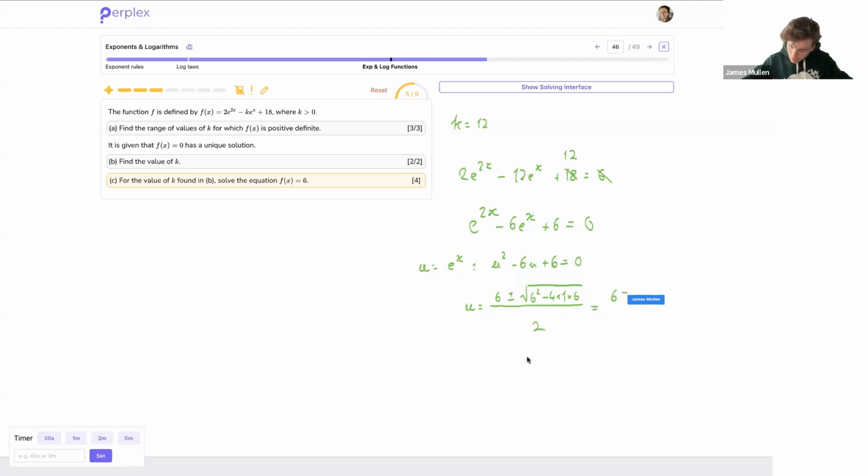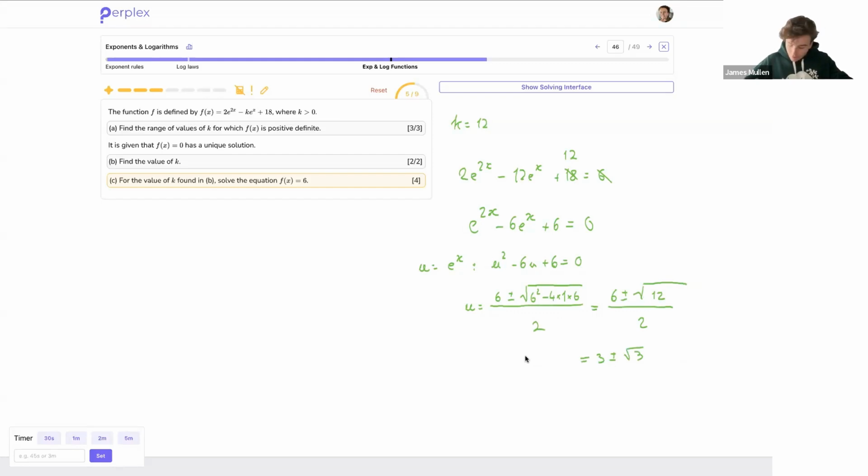That's 6 plus or minus the square root of 36 minus 24, which is 12, over 2. So this is 3 plus or minus, and 12 is 4 times 3, so root 12 is going to be 2 root 3, and over 2 is plus or minus root 3.